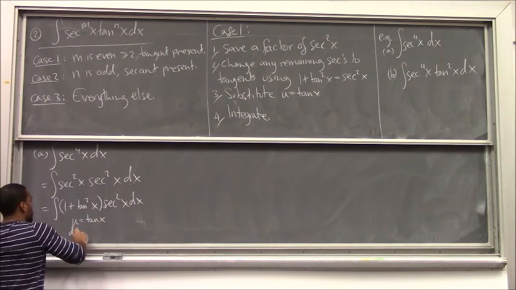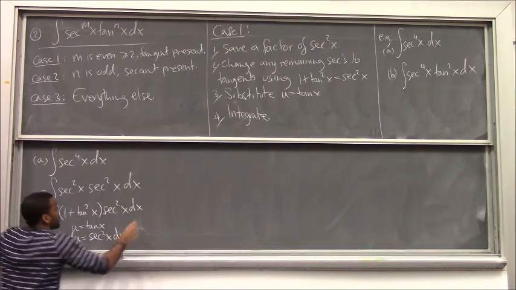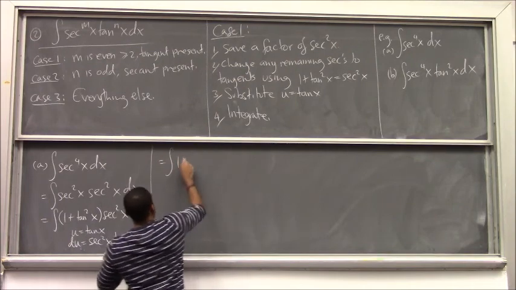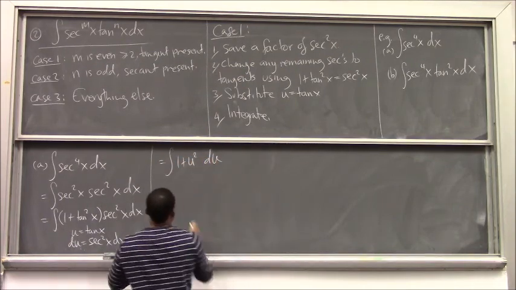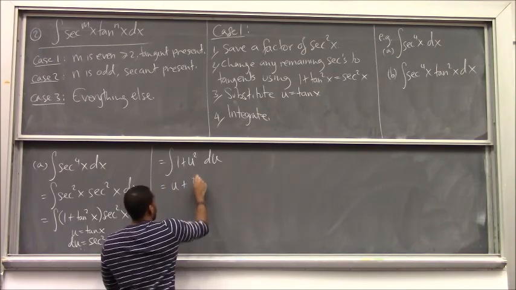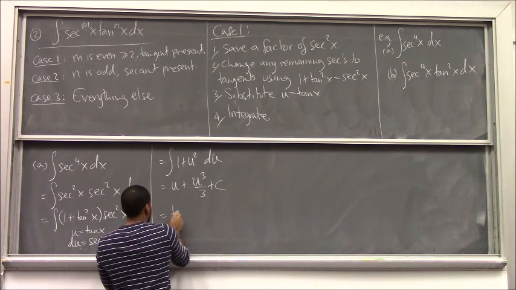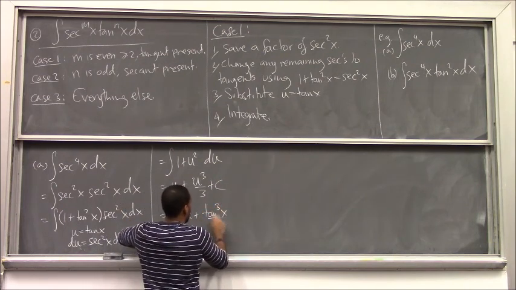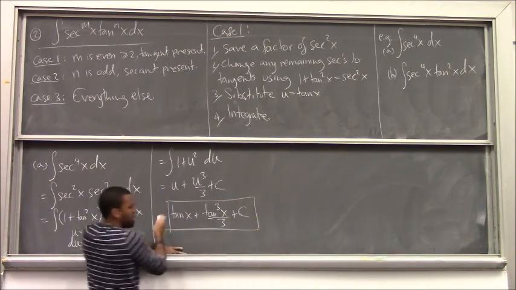Your du is of course going to be that secant squared dx. So you get integral of 1 plus u squared du. And that's all.